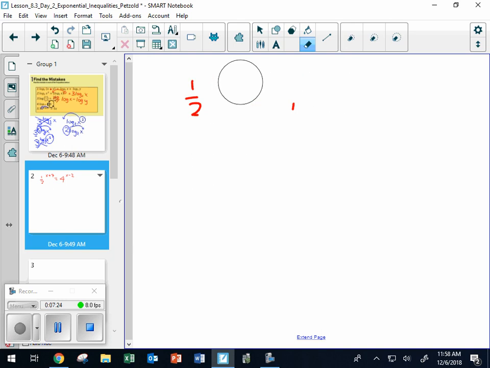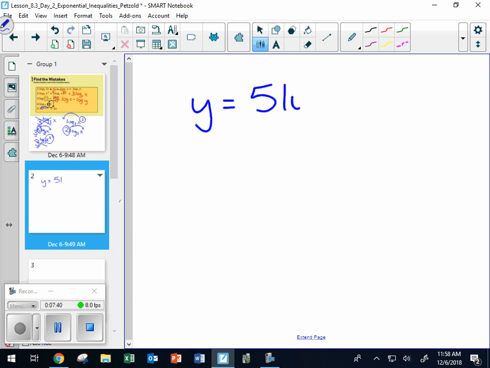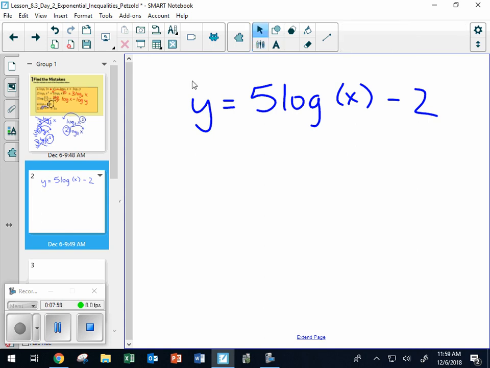So, I would like to start off our inverse functions with the question I posed to you at the end of class yesterday to do for homework. Some of you got it. I didn't want to post it because we were going to go over it today anyways. But we had y is equal to 5 times the log of x minus 2. Is that correct? Okay. So if we look at this, we want to find the inverse function.